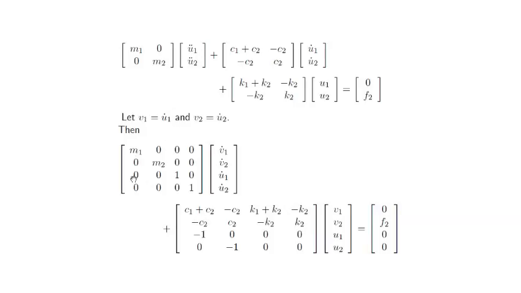Now the third equation says that 1 times U1 dot plus minus 1 times V1 is 0. But that is exactly the same as V1 is equal to U1 dot. Okay, so this equation is the third equation in my matrix equation.